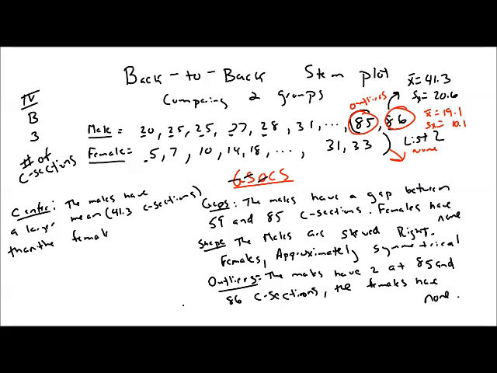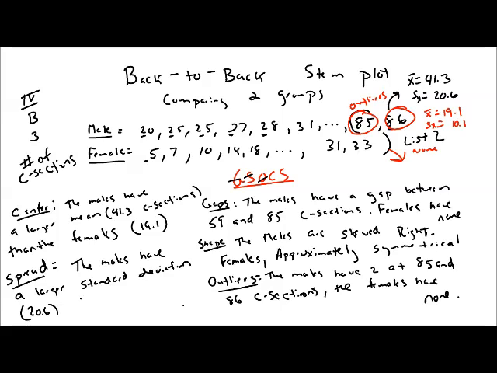Remember, look, I'm using numbers here. Spread. Well, what kind of spread do we use with mean? We use standard deviation. Okay? So the males have a larger standard deviation, which is 20.6, than the females, which is 10.1, and I gotta say what that is. That's C-sections.